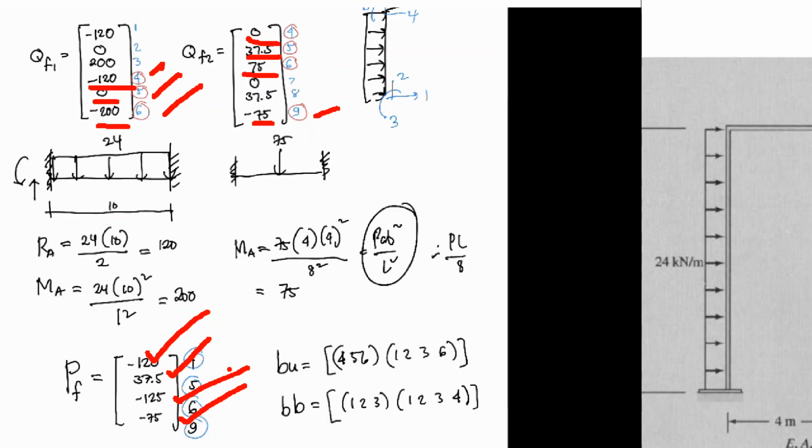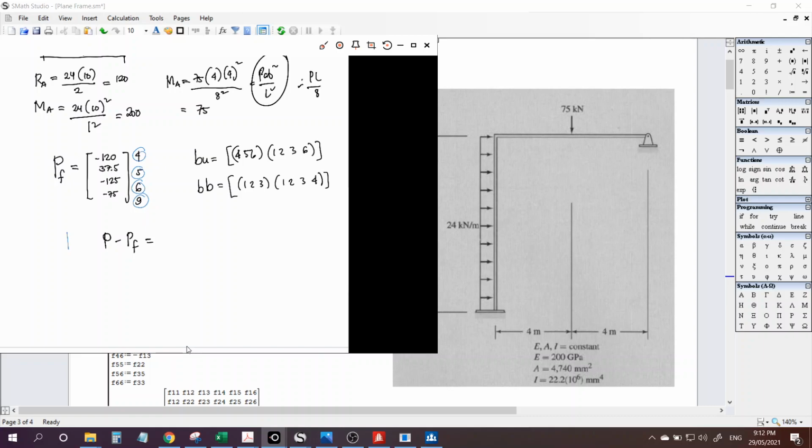Because P minus P sub F is equal to SD, that's our general formula. We now know P sub F. We don't have the P vector. We now know the S matrix.